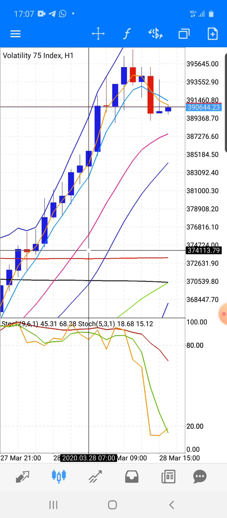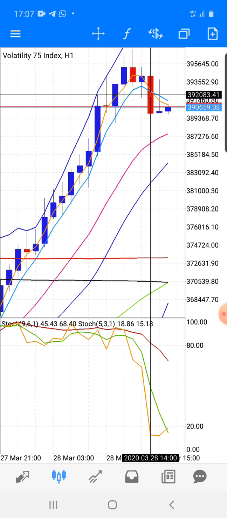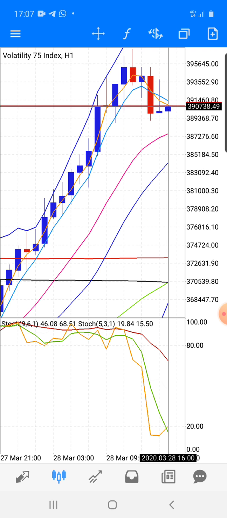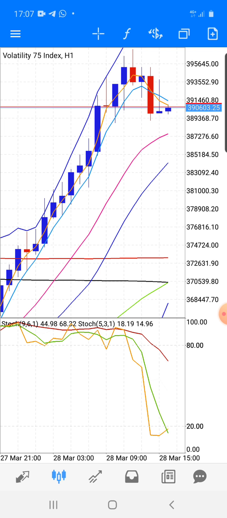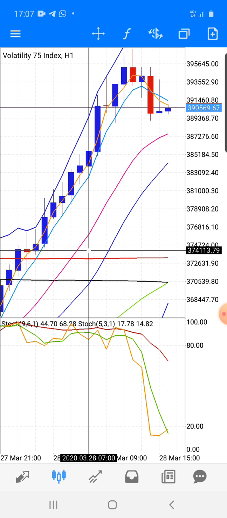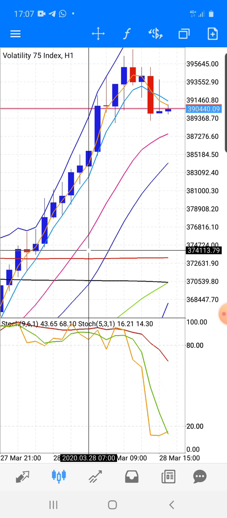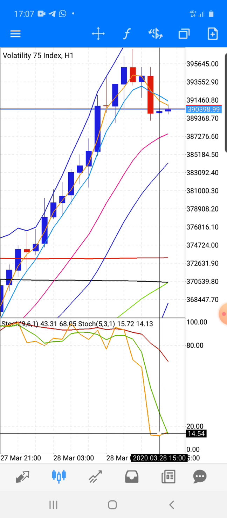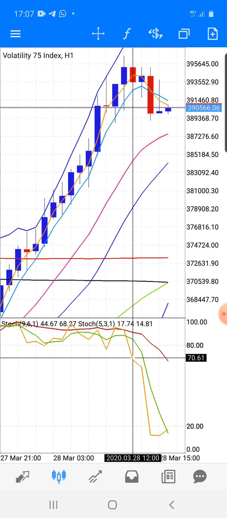You see how that very long uptrend all the way from here has now crossed, and price is now below the 1 hour and is looking like this wants to start a sell trend. But at the same time, look at this stochastic here. It's showing like it wants to buy. So my bias here will be to sell, but I'm still observing.